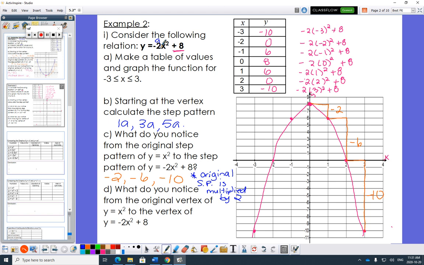And the vertex has been shifted or translated up 8. Usually we say units, or often you'll see it's shifted up 8 units.